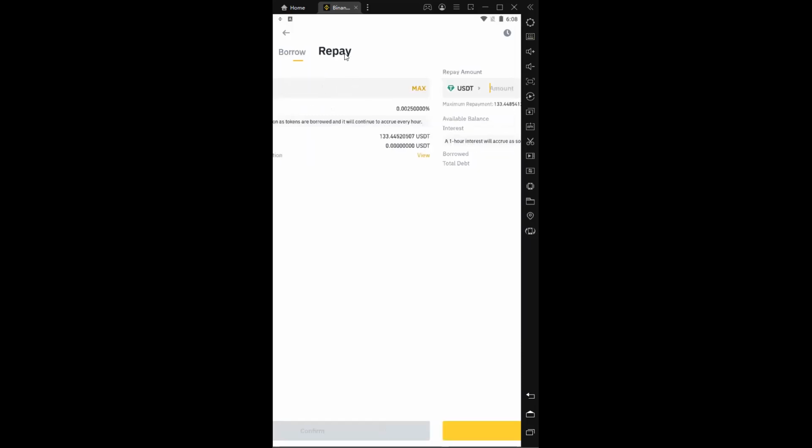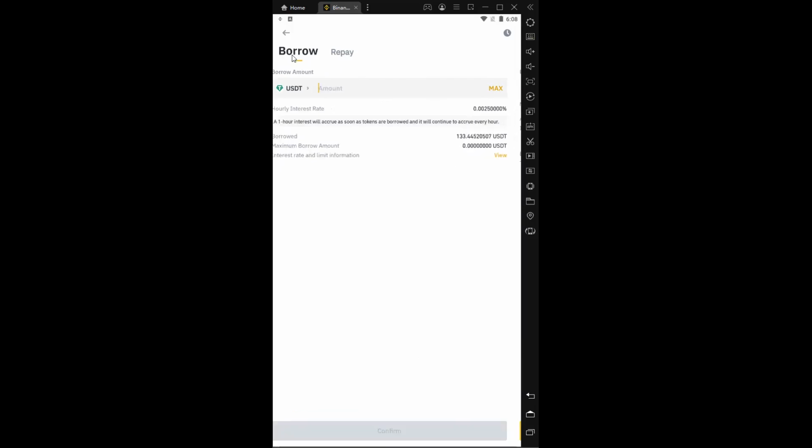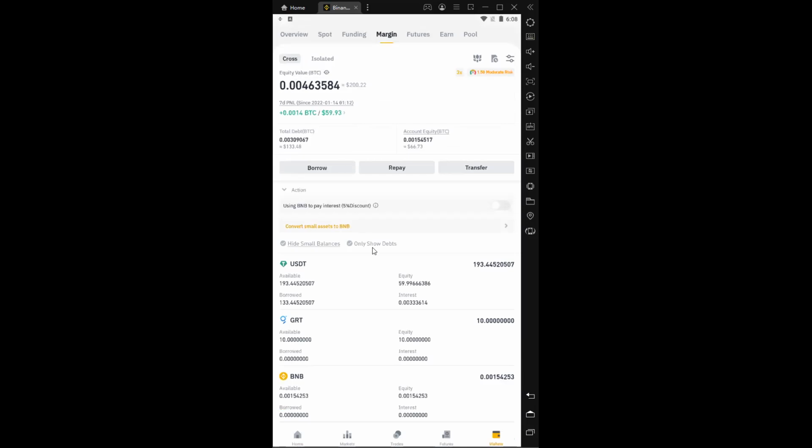If I'm done with it, if I'm not using the leverage, I will repay the amount and confirm. That's all. So I've borrowed the money now. What that means is that instead of having $60 to use, I now have 190-something dollars, $193, that I can use.